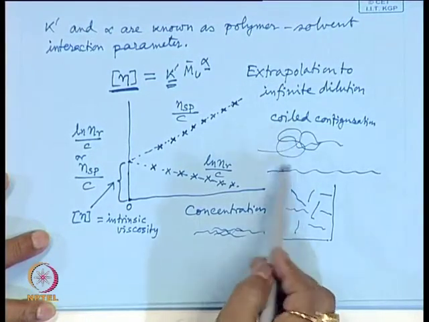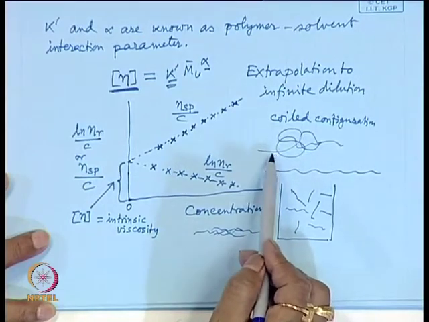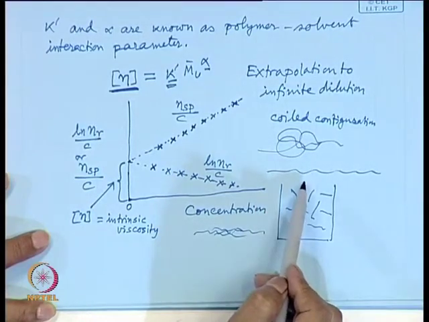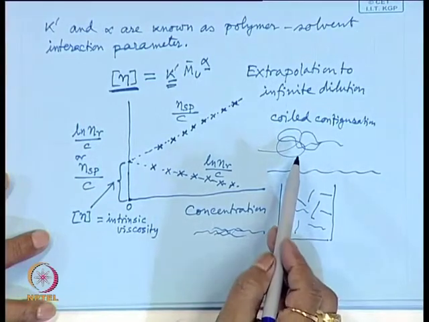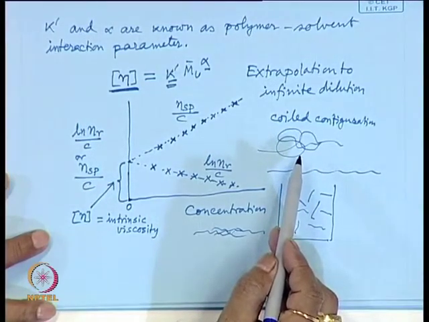If it remains in coiled configuration like this, can we get accurate data? No, it will give you misleading results of molecular size.